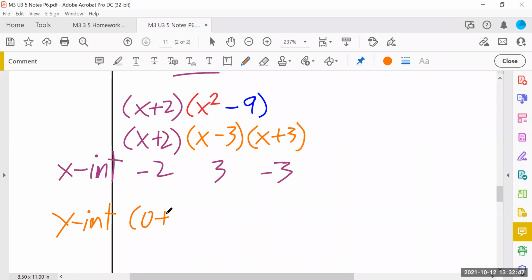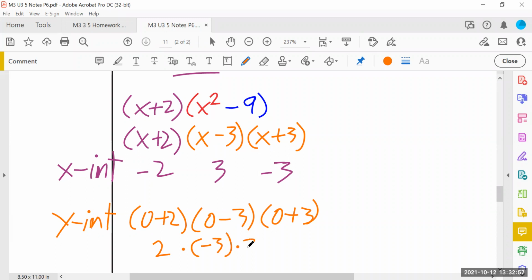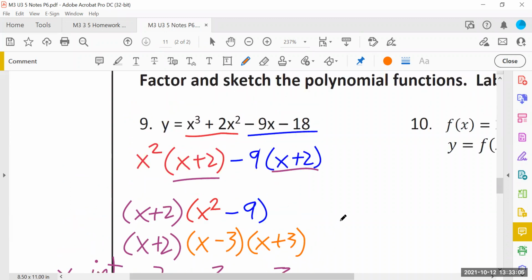So 0 plus 2, 0 minus 3, 0 plus 3, 2 times negative 3 times 3 is going to be negative 18. And you could have gotten that from the original one too, right? If I put 0 in, I get negative 18 out as my y-intercept.